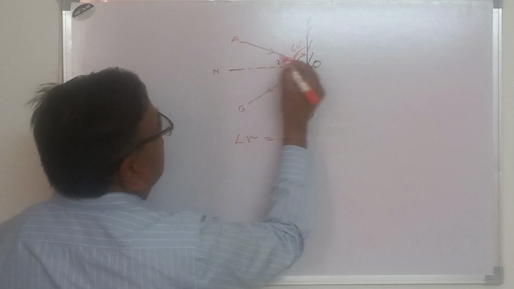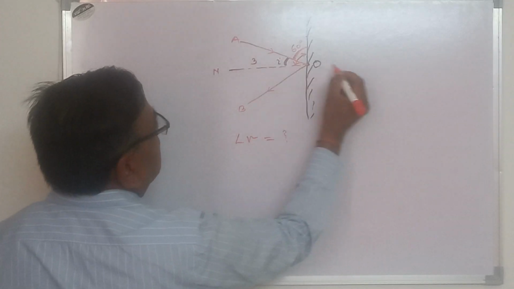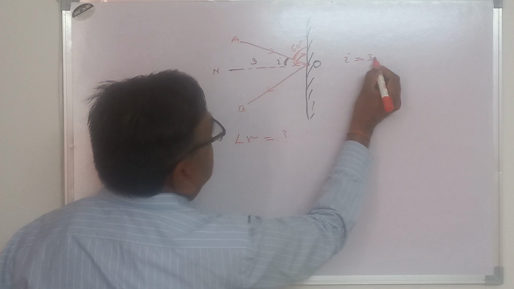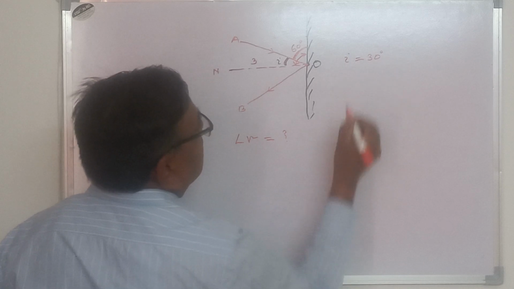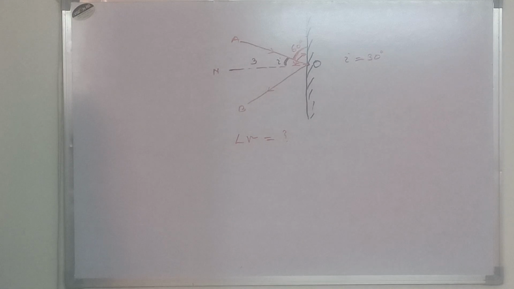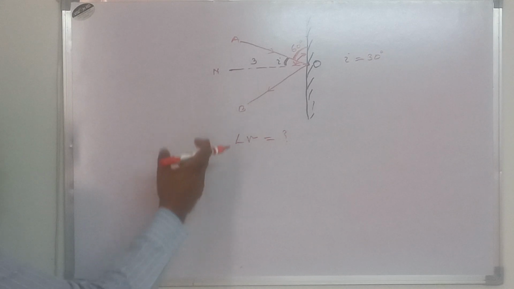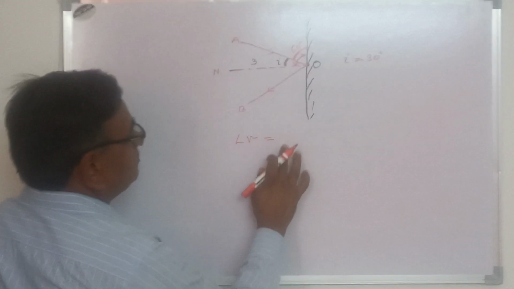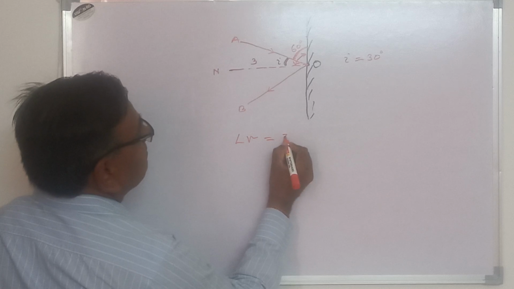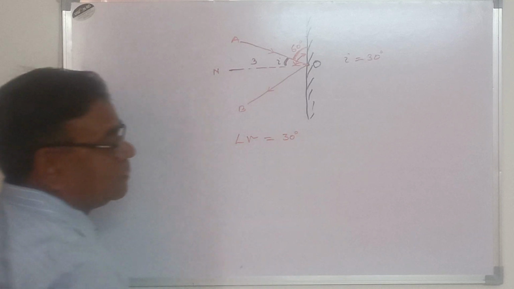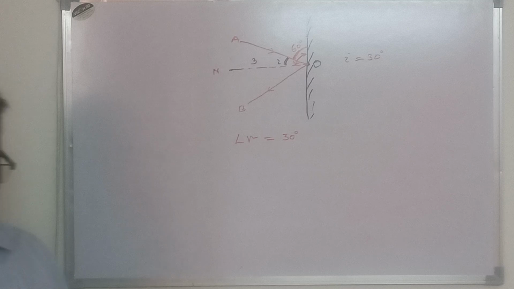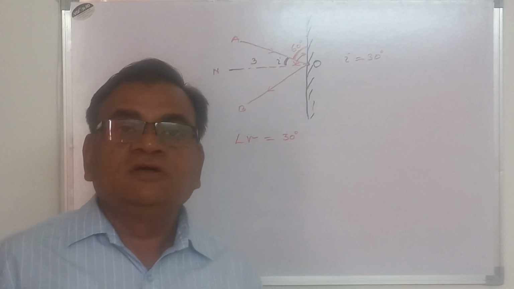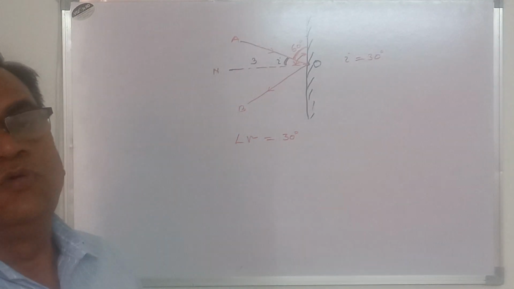So I comes out to be 30 degree. So naturally, second law of reflection, I is equal to R, so angle R is equal to 30 degree. So when you solve the numericals, the theory will become more and more clear.